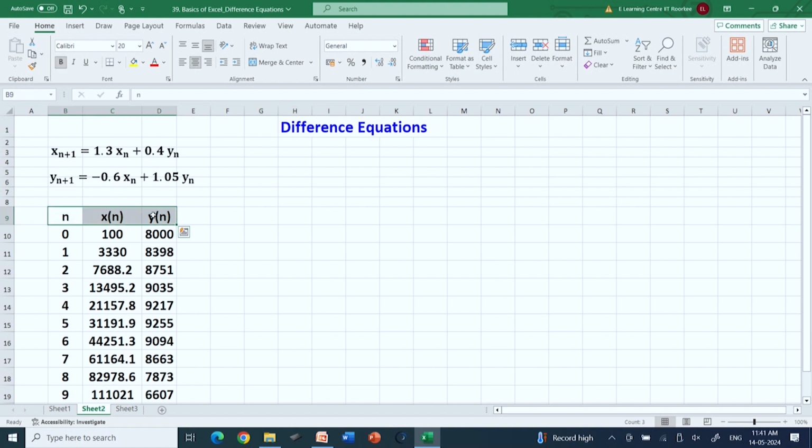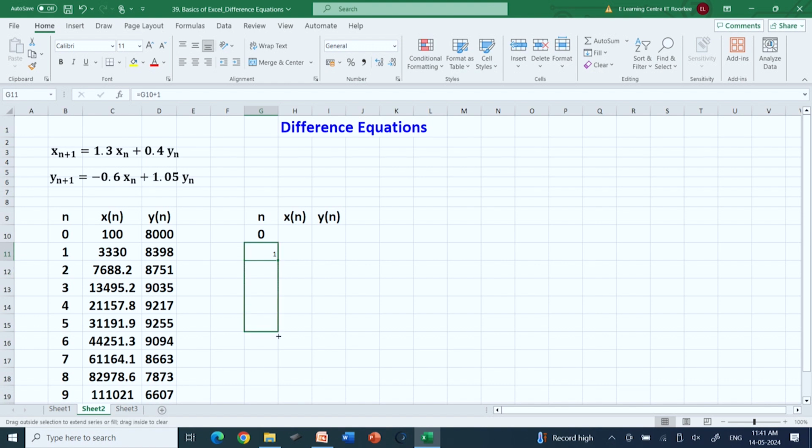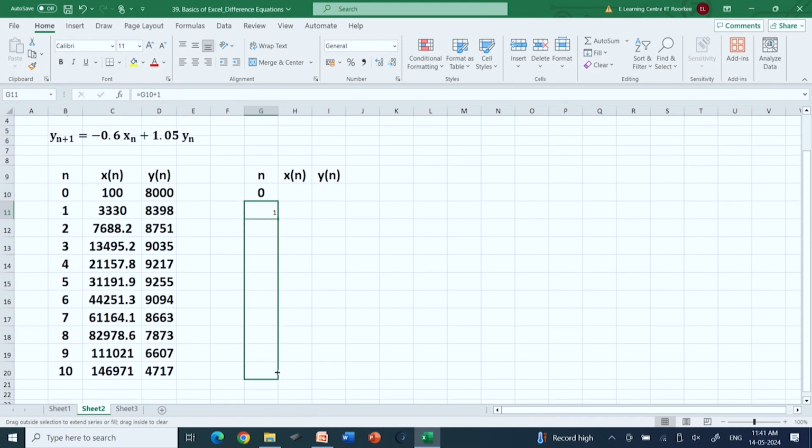So if I want to calculate, I put this value as 0 and the next value as 0 plus 1, and let me drag them to 10 values.